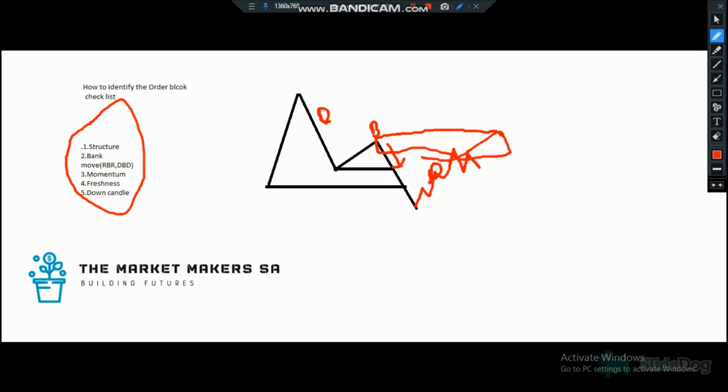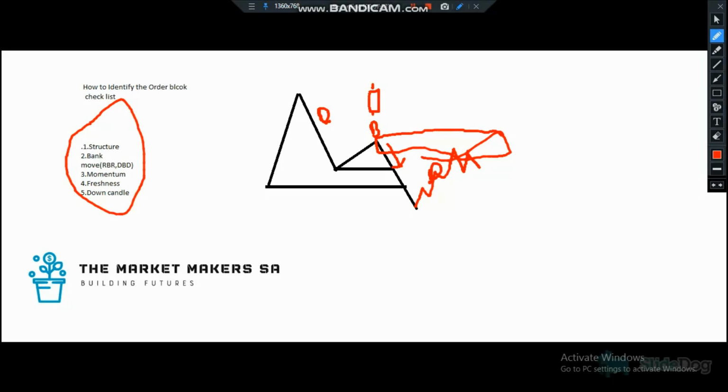And then next we look for our down candle. What the down candle means is literally on the base area, the last candle before the momentum goes in the opposite direction needs to be an opposite candle.